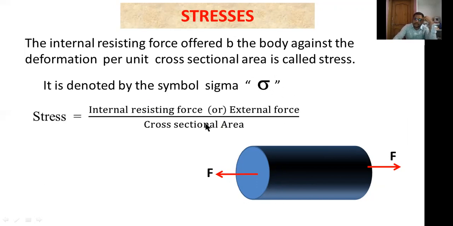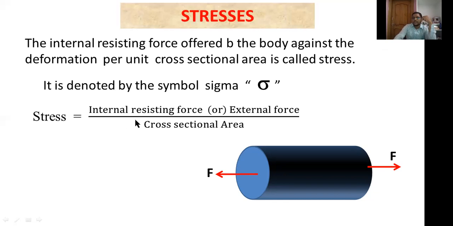Now the formula for stress is internal resistance force divided by cross-sectional area, or stress is equal to load divided by cross-sectional area. Here the internal resistance force is equal to the external applied force.